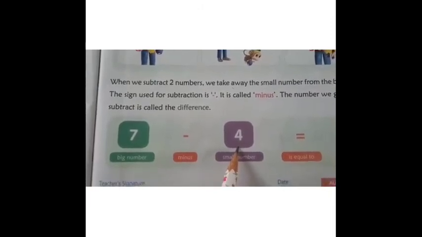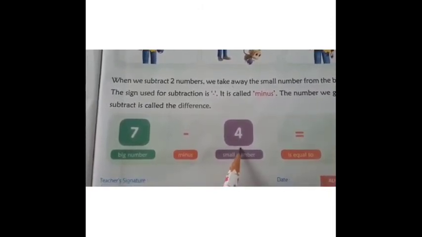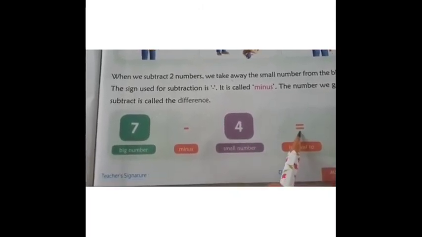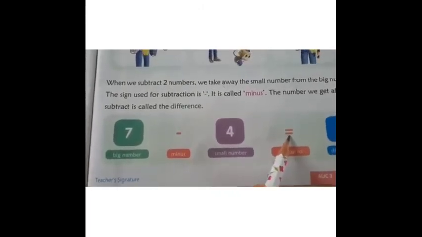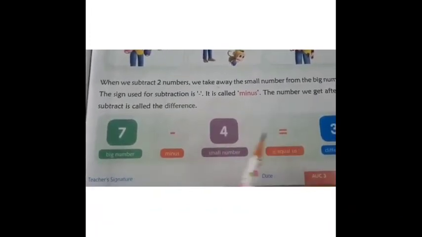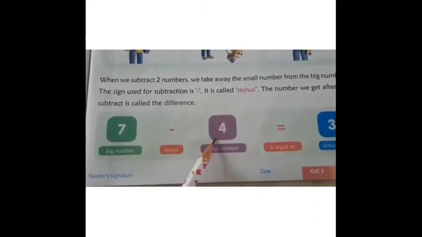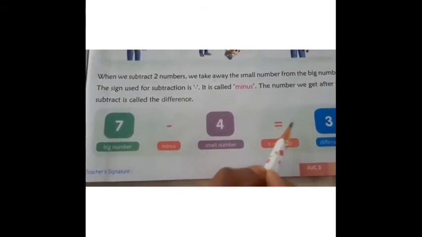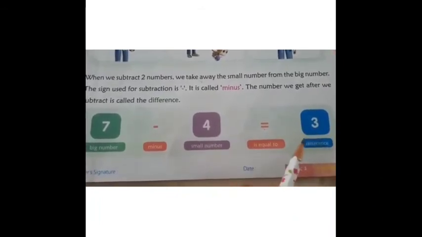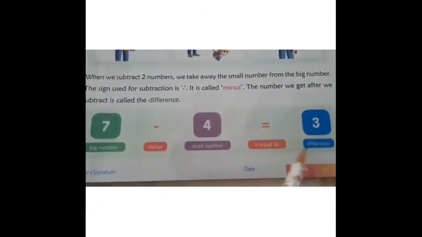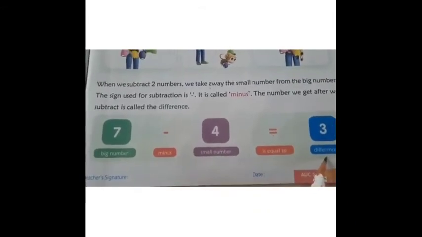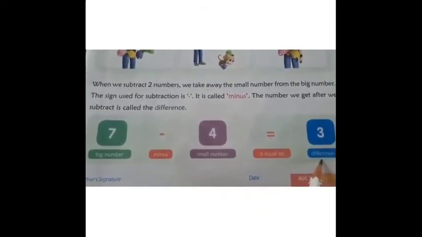Children, 4 is the small number. Next, this sign represents equal to. Children, now 7 minus 4 is equal to, the answer is 3. Children, here 3 is the difference. Difference means வித்தியாசம் அல்லது வேறுபாடு.